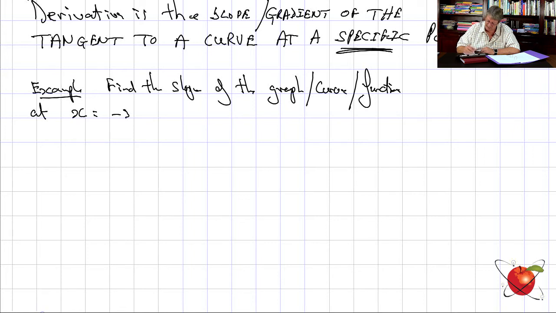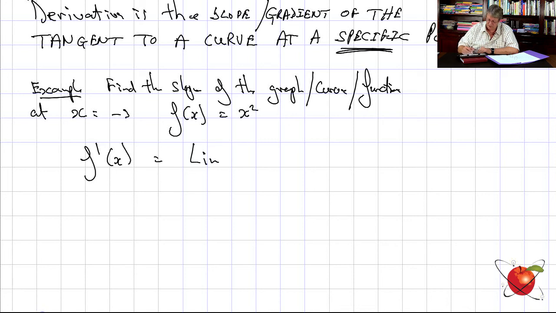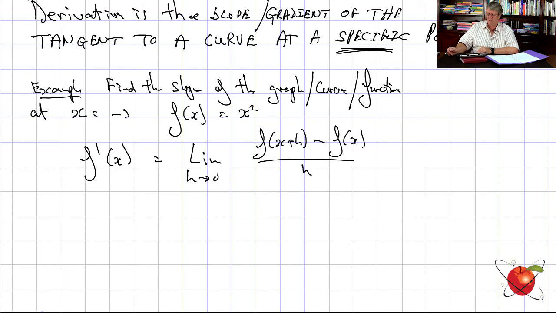And they say it is f of x equals x squared. First thing I'm looking for is the limit. I am looking for this elusive character. The derivative equals the limit as h tends to 0 of f of x plus h minus f of x all over h, aren't I?